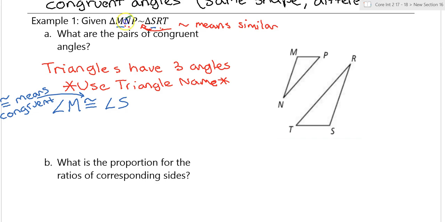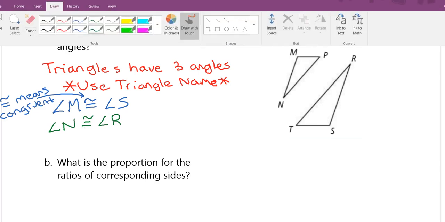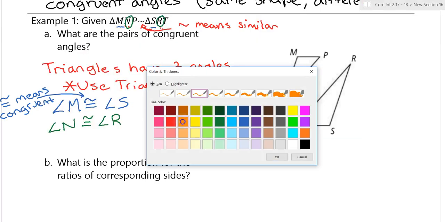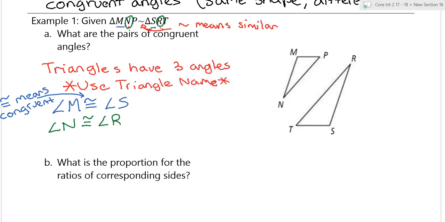So my second is N and R. So angle N is congruent to angle R. And my last letter here, I have a P here and T here. So angle P is congruent to angle T. Alright, that's it for that part.